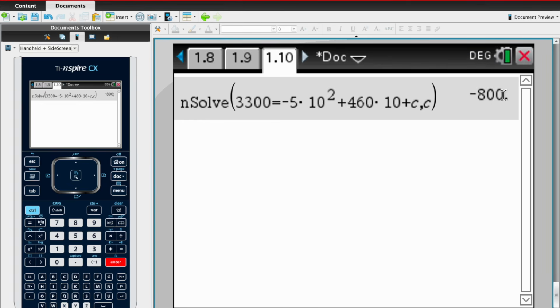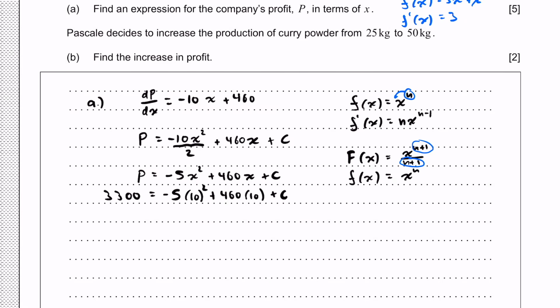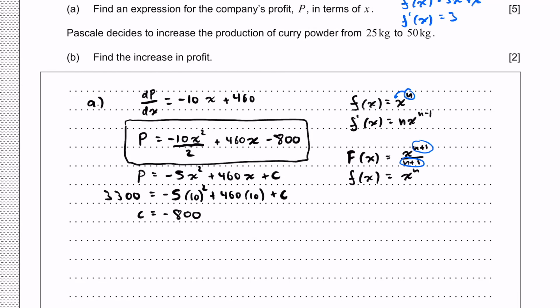So let's go back to the document and write this out. c is equal to negative 800. Putting this all together, for this function right here, we can replace c with negative 800. And this will be our function, cleaned up a little.